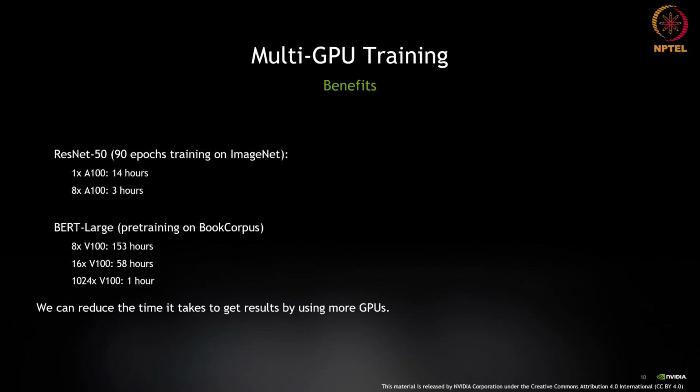BERT is one of the largest models out there, and this one is being pre-trained on book corpus, right? And if I were to train BERT for this book corpus dataset on 8 V100s itself, forget about running it on one V100, on 8 V100s it takes 153 hours to train.